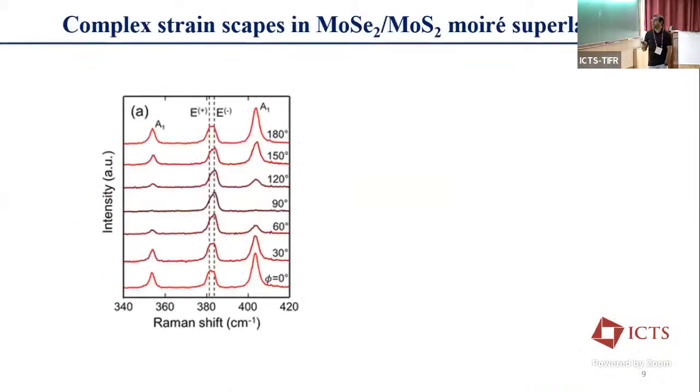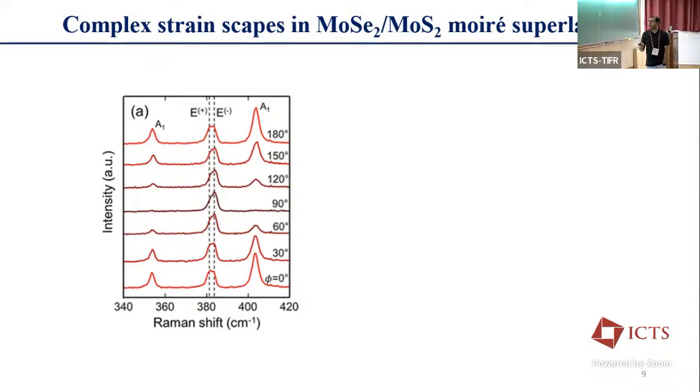So now, if we do the polarization dependent Raman measurement of the material we have used, clearly we see that this mode is not behaving as before, because you don't really see a dependence of the intensity on the polarization angle.